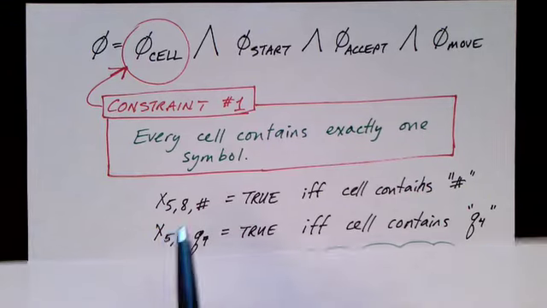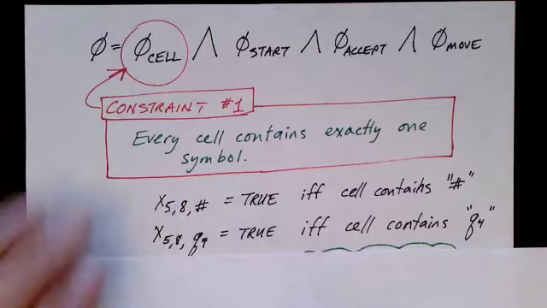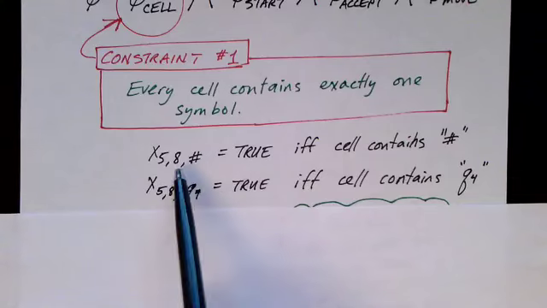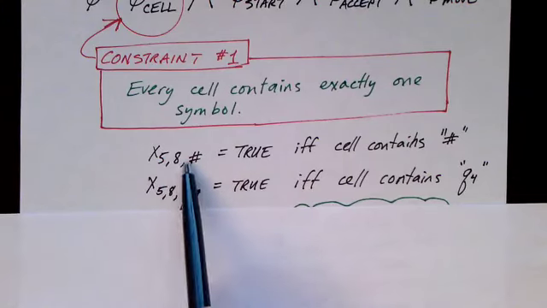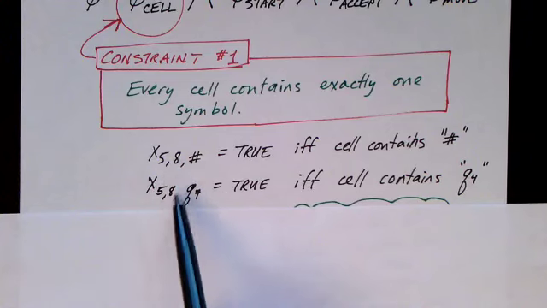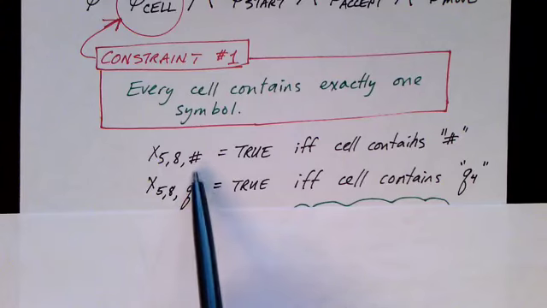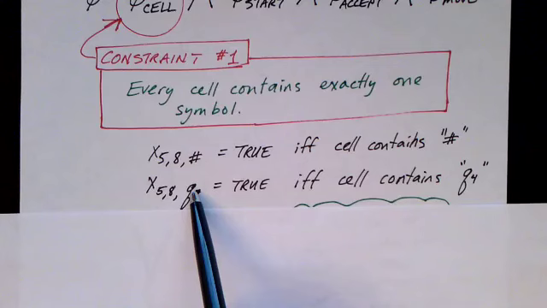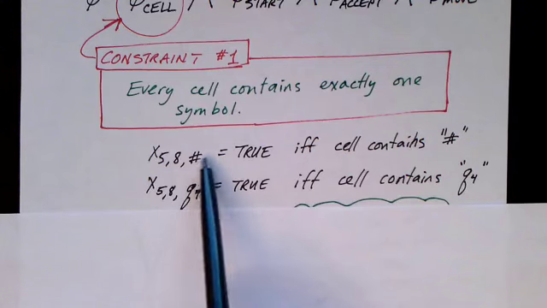Remember how we're representing the information about what the table contains. We've got a number of variables. For every cell, for example, for cell 5-8, we have several variables, one for every possible symbol in the tape alphabet, as well as the states and the pound sign.